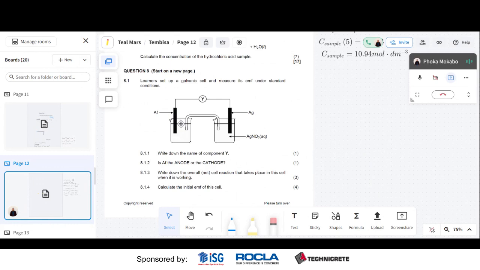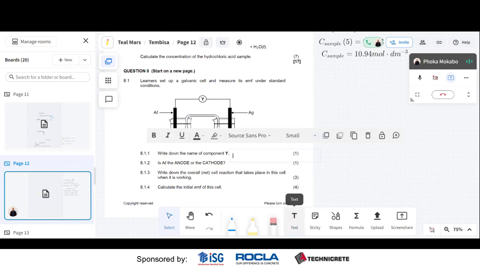We don't know if it's the anode or cathode yet, but it is an electrode, and we know that silver is the other electrode. Now, the right-hand side electrolyte that is used is silver nitrate, and the left-hand side will be like, okay, write down the name of the component Y.